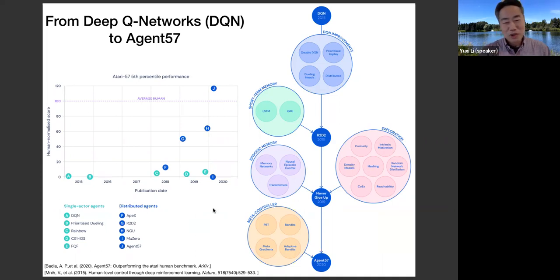So if we are looking at, say, 5th percentile performance, and we can have very good performance on the 5th percentile, then basically the performance for all the programs will probably be very good, rather than using the mean or average to evaluate performance. Yeah, so I think Agent 57 is a very good result for these games. And the techniques are general, so it's probably helpful for other problems.